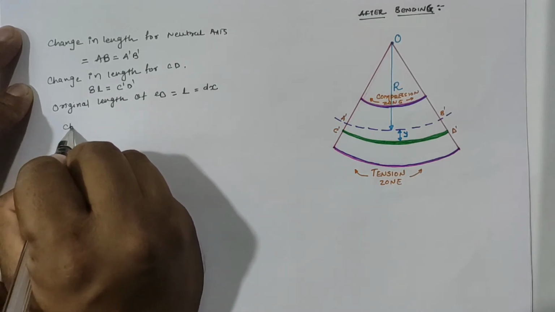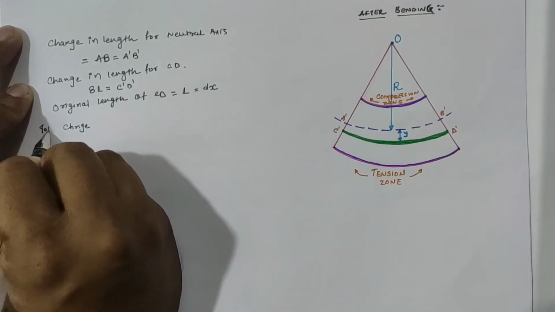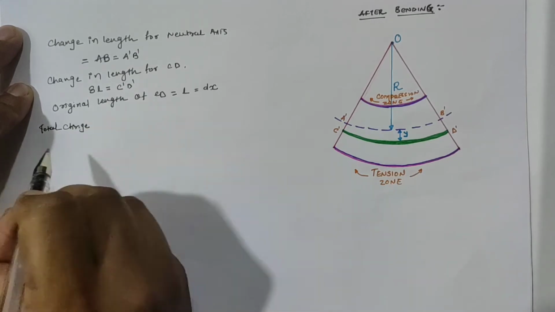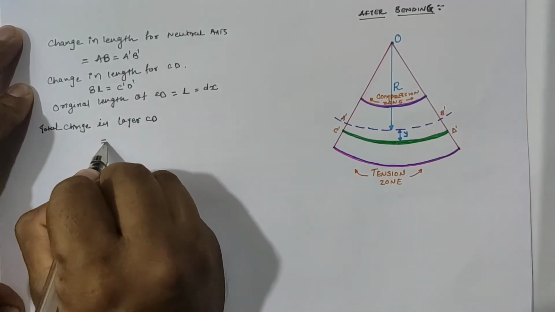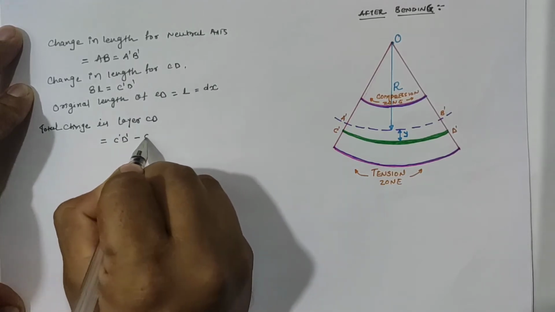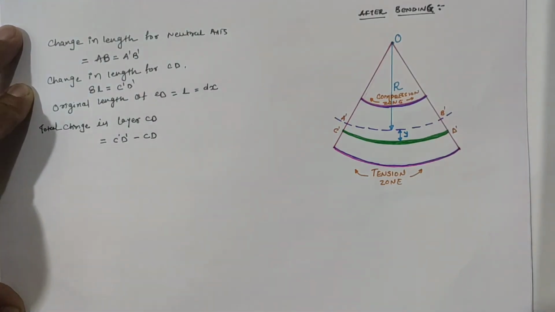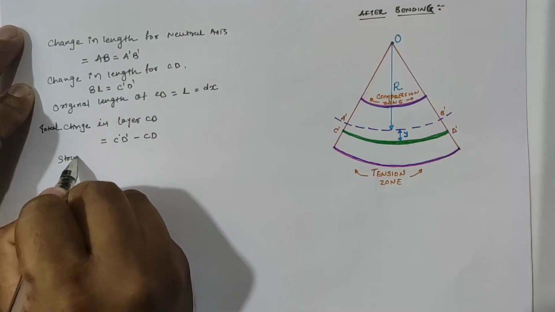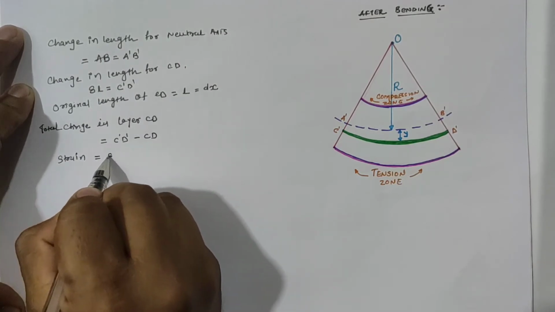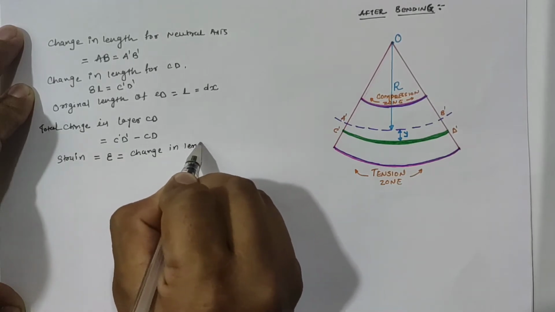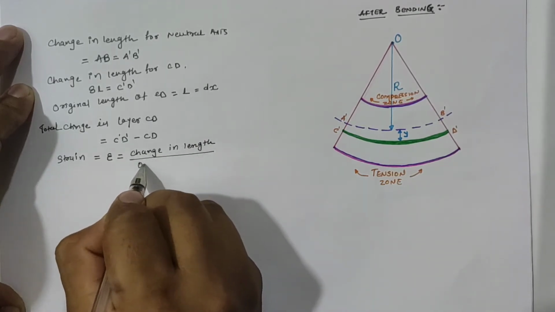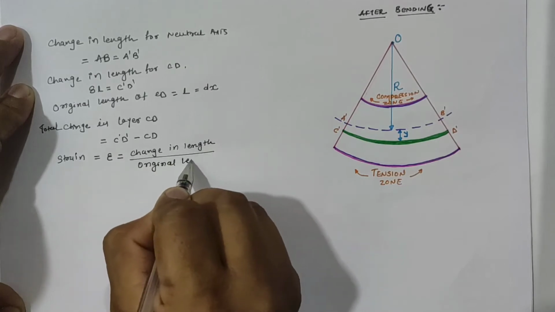Hence, first, if we take the change in the length of layer CD, or we can say the total change in layer CD, which is equal to c dash d dash as final minus CD as original. Hence, the strain value according to the definition is change in the dimension or length divided by its original length.